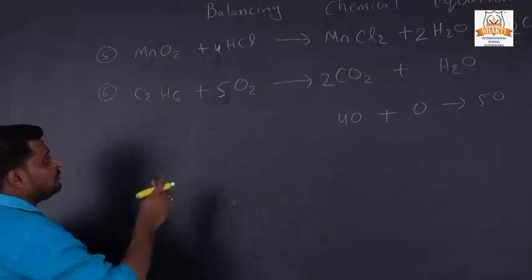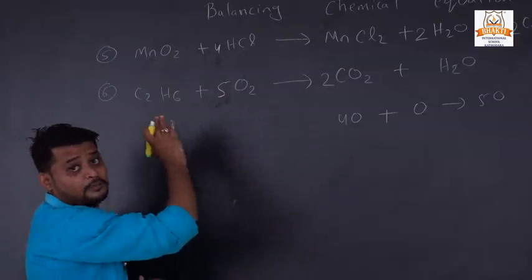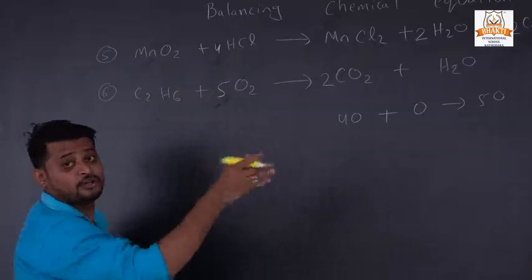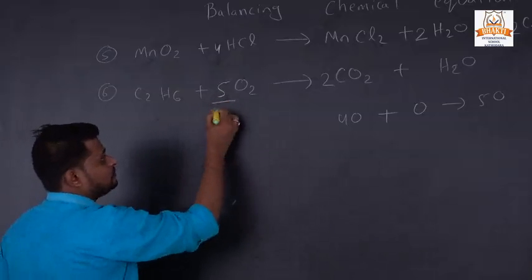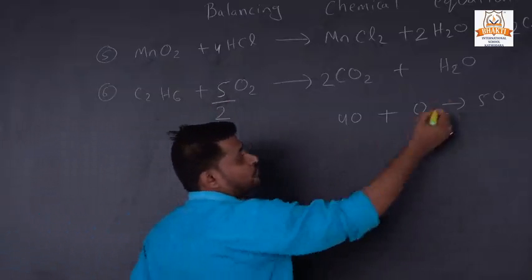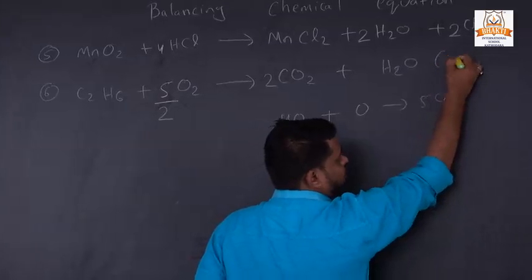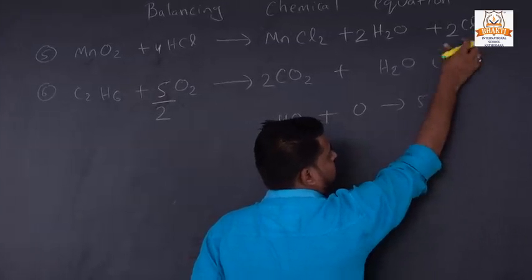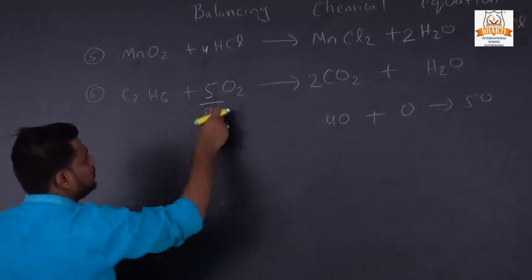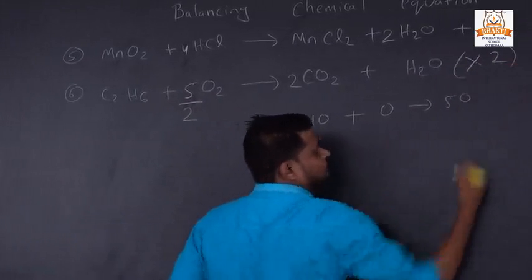What we do? We will multiply whole equation, multiply and divide with 2. Now see, we will multiply here 2, divide with 2 and multiply whole equation by 2.